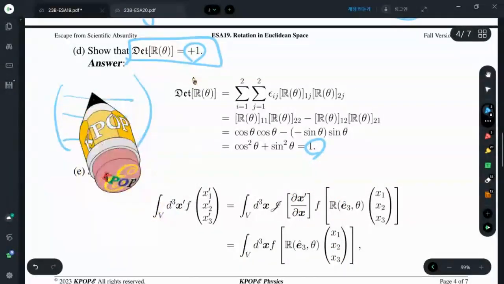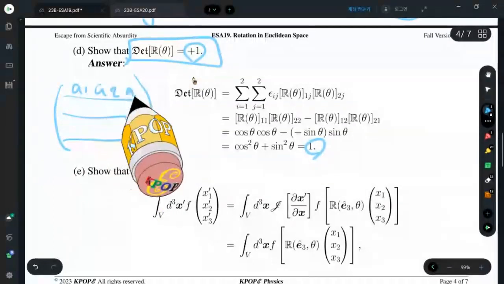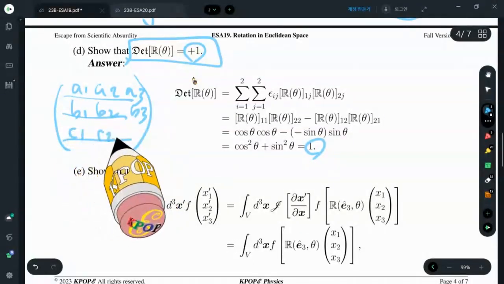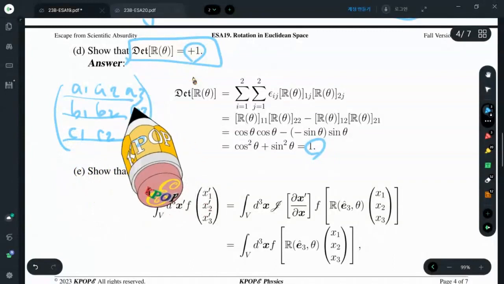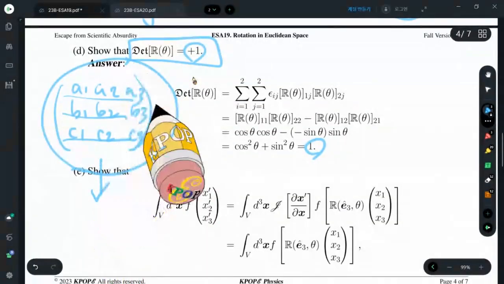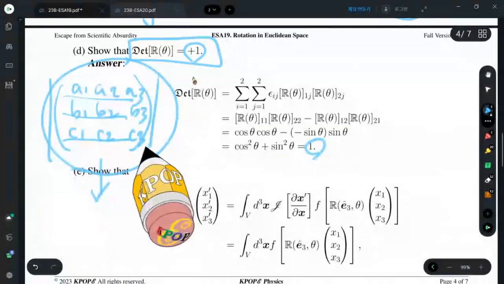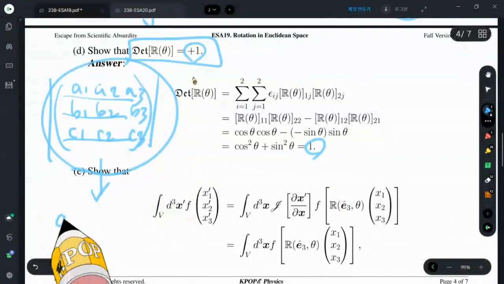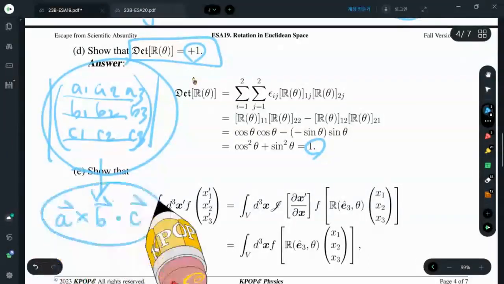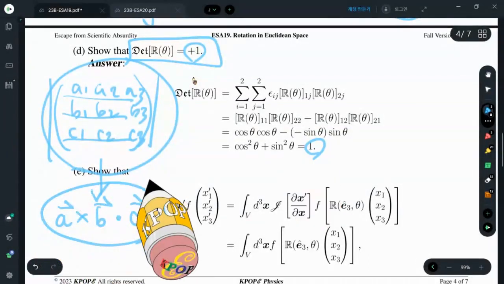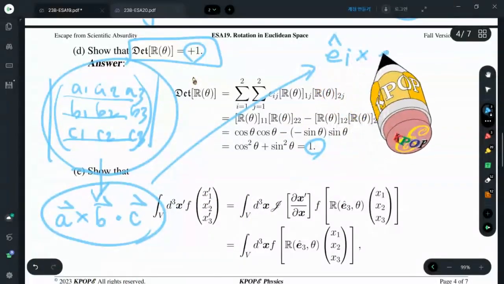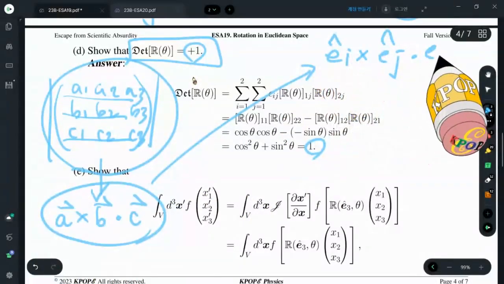Let's see, the determinant is what? Determinant of a 3 by 3 matrix is A1, A2, A3, B1, B2, B3, C1, C2, C3. I like Descartes. It is a very busy way to write a determinant, but according to Descartes, it's nothing but the scalar product of the three things. And we know, thanks to Descartes, the ei, ej cross product, the scalar product.